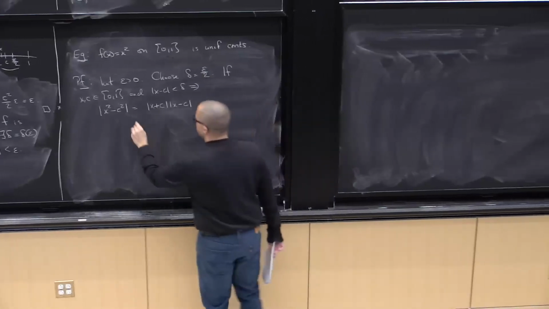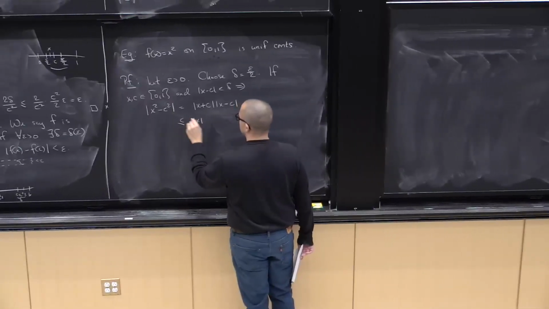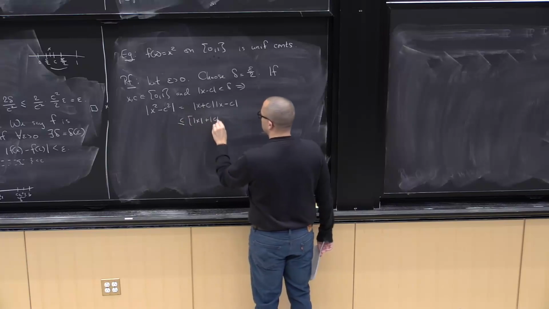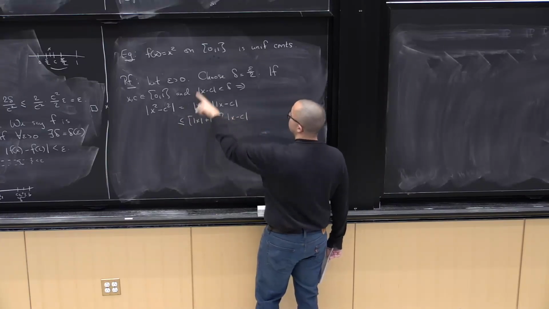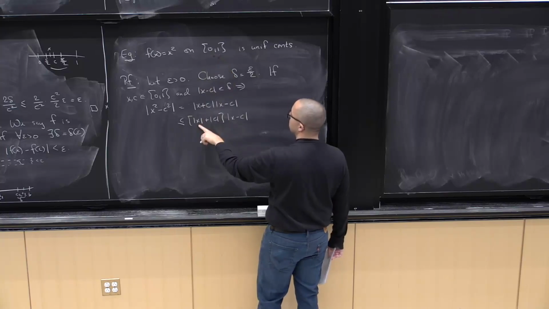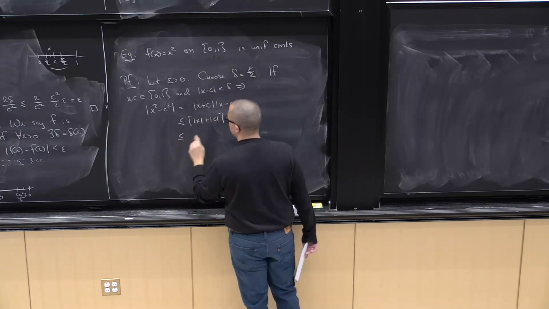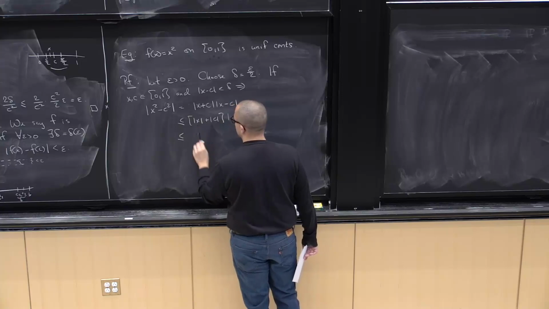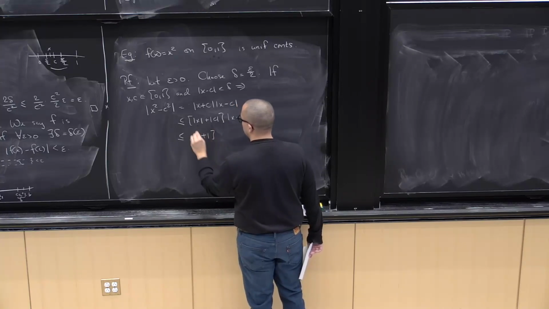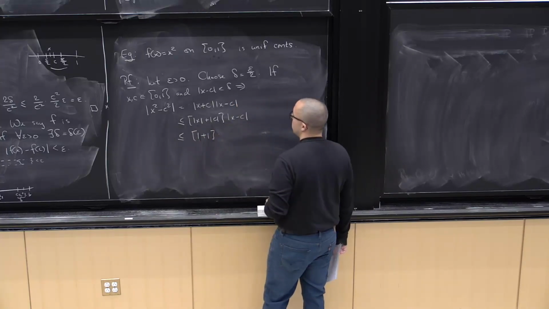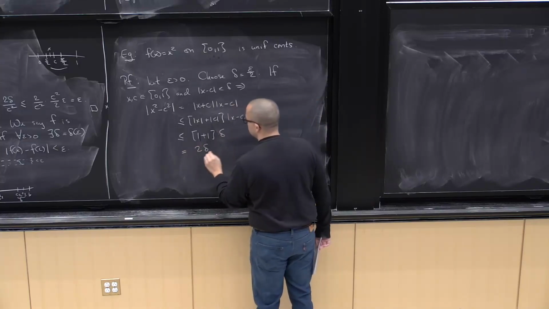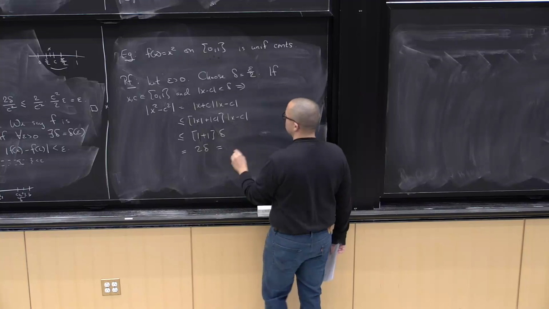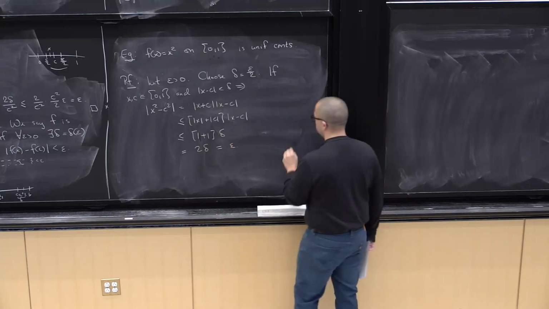And now I use the triangle inequality. This is less than or equal to |x plus c| times |x minus c|. Now, these are in 0, 1, so their absolute value is always bounded by 1. So this is less than or equal to (1 plus 1) times |x minus c|, and |x minus c| is bounded by delta, which equals 2 times delta, and delta is chosen to be epsilon over 2, so I get epsilon.